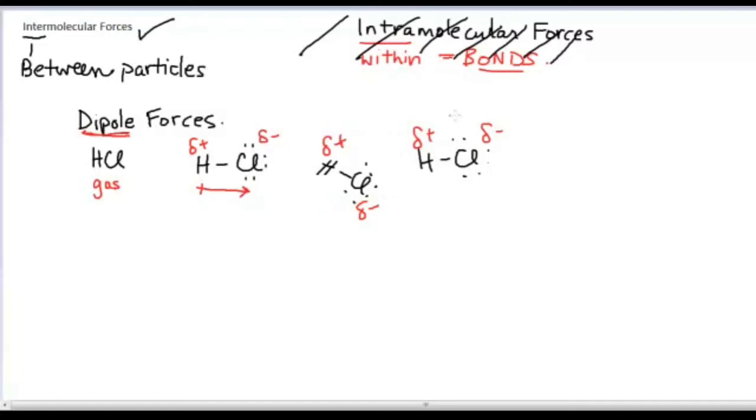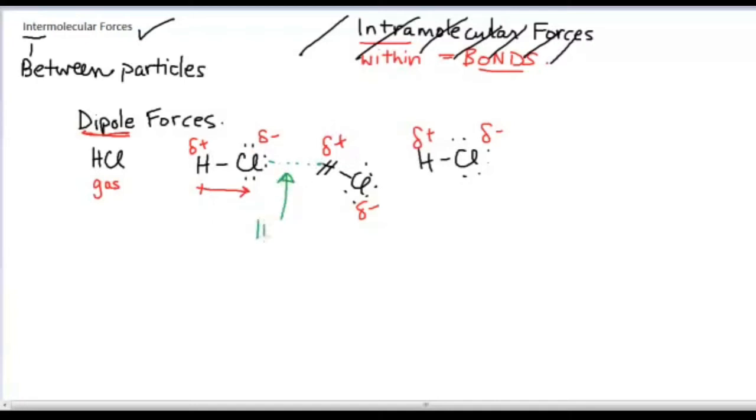We all know that what makes the world go round is the attraction of positives and negatives. And so what we see in this container of HCl is an attraction between the partial negative side of one molecule to the partial positive side of a separate molecule.